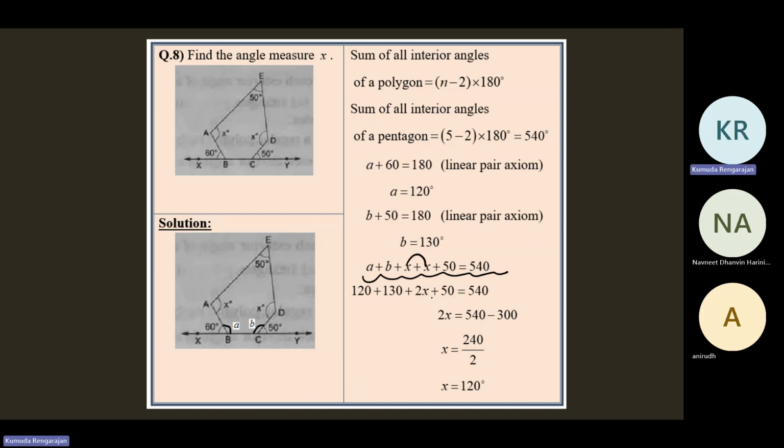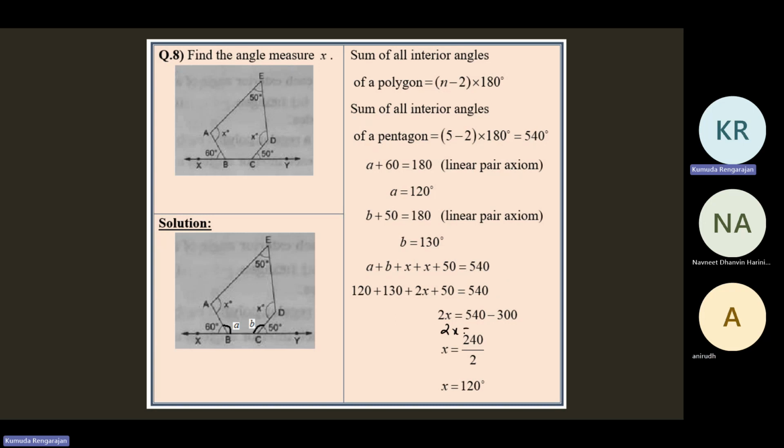So you get X plus X is 2X. 2X is equal to 540 minus 300, because 120 and 130 is 250, and 250 and 50 is 300. So 300 becomes minus 300 on the other side. 540 minus 300 is 240. So 2X is equal to 240. X is equal to 240 by 2, 120.